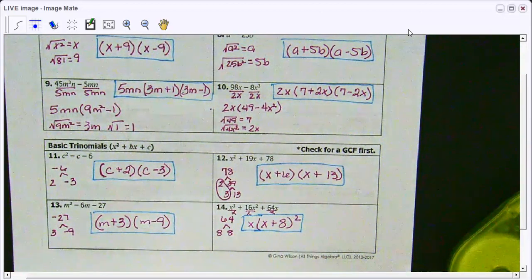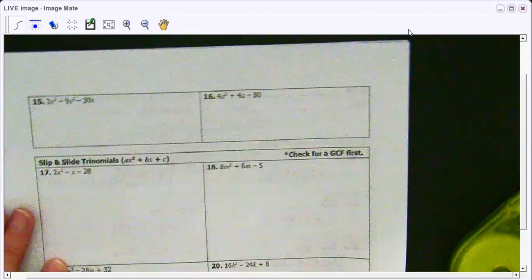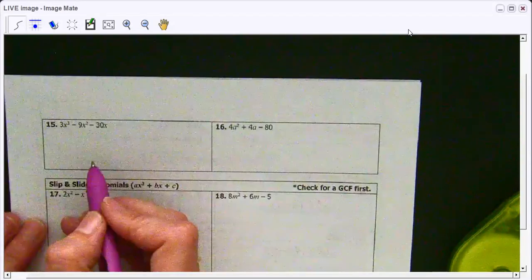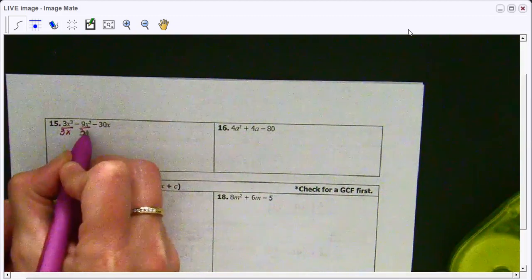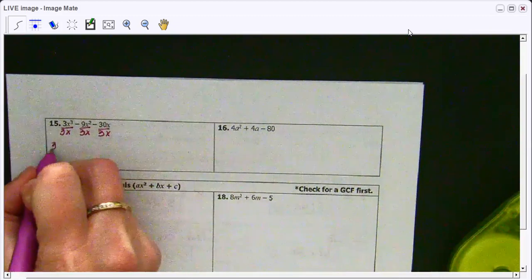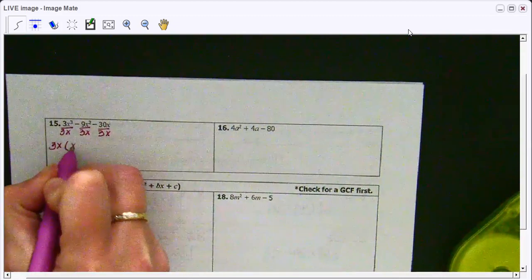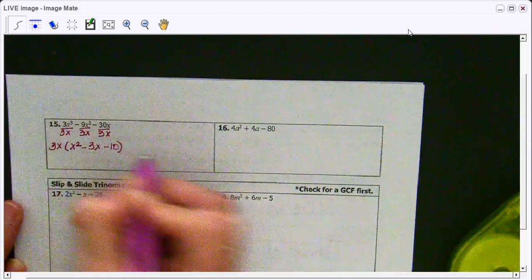Okay, I'm going to flip it over to 15 and 16. I haven't done it yet, but I'm going to do it while I have it here. And I'm going to factor out the greatest common factor of 3x on 15. So we have 3x times x squared minus 3x minus 10.